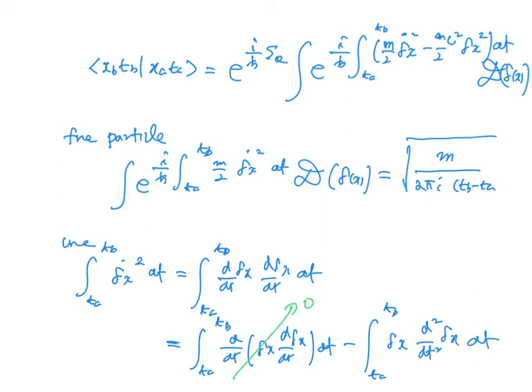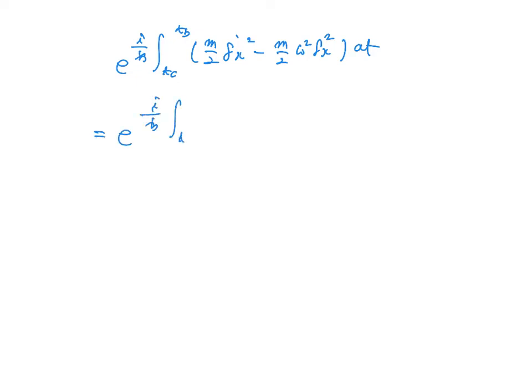The first part is 0. So exponential i over h bar integral from ta to tb of m over 2 delta x dot square minus m over 2 omega square delta x square dt is actually exponential h bar over i integral from ta to tb of m over 2 delta x times minus d square over dt square minus omega square times delta x dt.